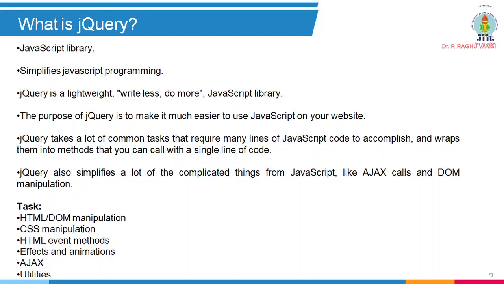Next are effects and animations, which can also be done with jQuery. Next, AJAX can be used with jQuery, and some other utilities like handling values can also be done using jQuery. So these are the six tasks that can be done with the help of jQuery.